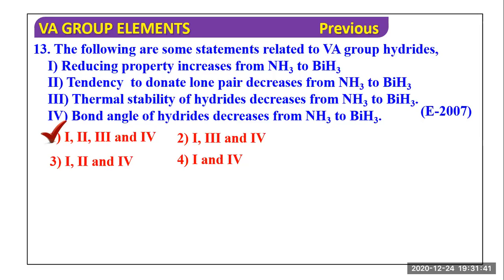That means option 1, reducing property increases from ammonia to bismuth hydride. Tendency to donate lone pair decreases from ammonia to bismuth hydride. Thermal stability also decreases from top to bottom, and bond angle also decreases from ammonia to bismuth hydride.